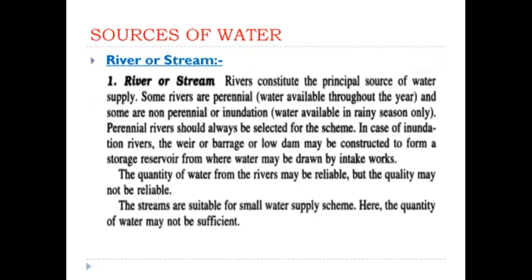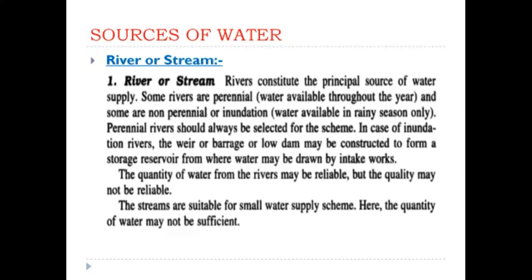Some are non-perennial, or inundation. That means water is available only in particular situations, in the rainy season, in non-perennial rivers. Perennial rivers should always be selected for this type of scheme.